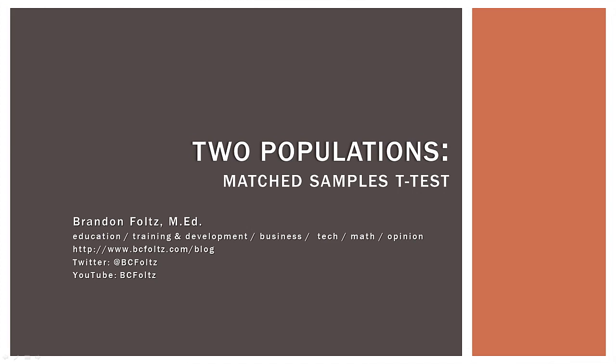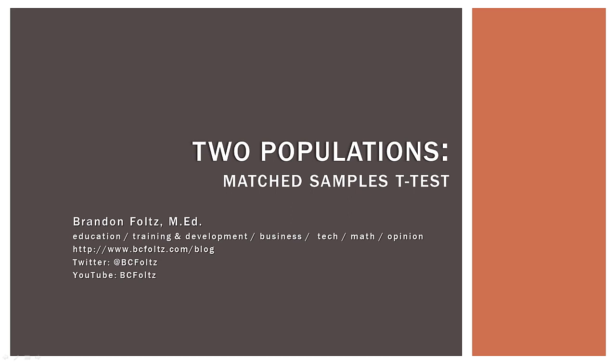So this video is the next in our series where we have been comparing the means of two populations. Up to this point, we have been dealing with two independent populations. We have taken a random sample from each population, calculated the mean for each sample, and then used the difference between those two means as our unit of analysis for confidence intervals and hypothesis tests.